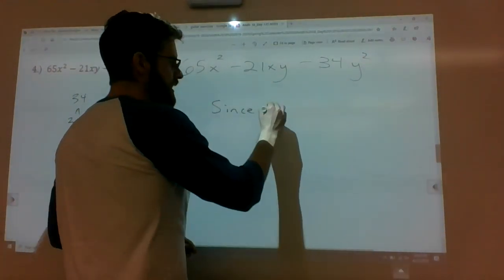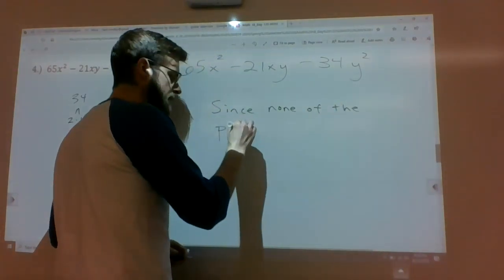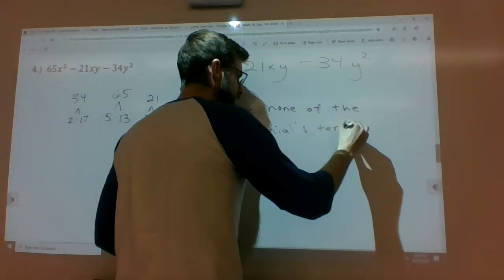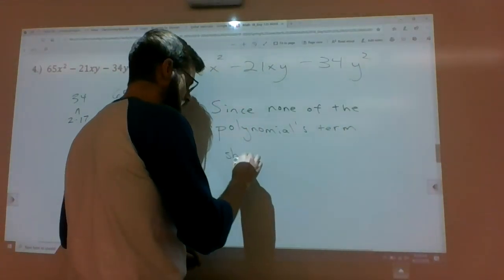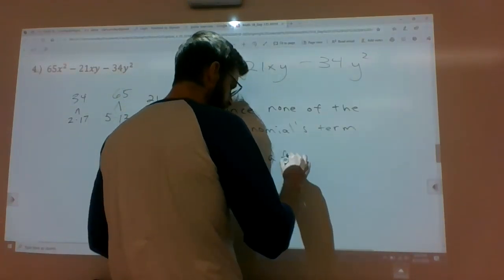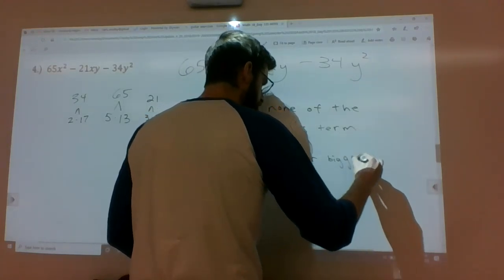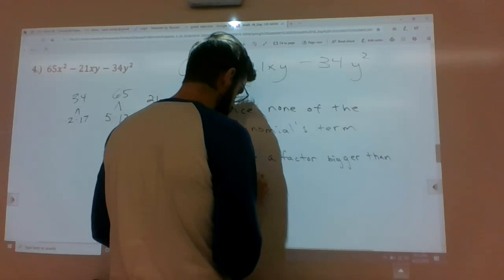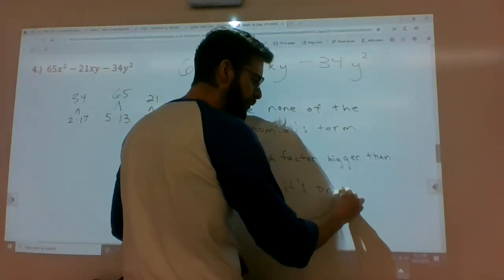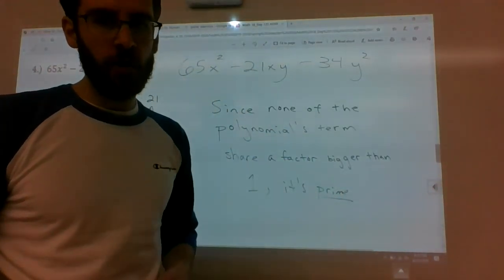Since none of the polynomial's terms share a factor greater than 1, it's prime. So there's kind of a vocab word that you might have forgotten about. A polynomial that is unfactorable is called prime.